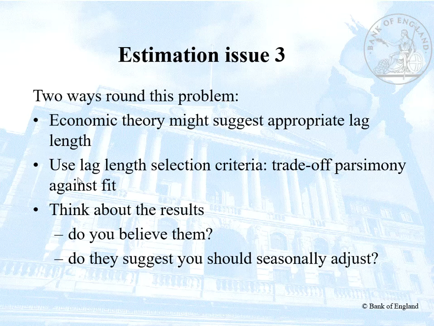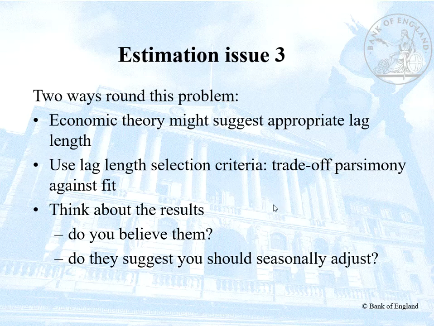Another way is to use lag length selection criteria. It will help you make the trade-off between parsimony and fit. But think about the result. Do you really believe in them? That one is using the econometric or statistical way to calculate the lag number.